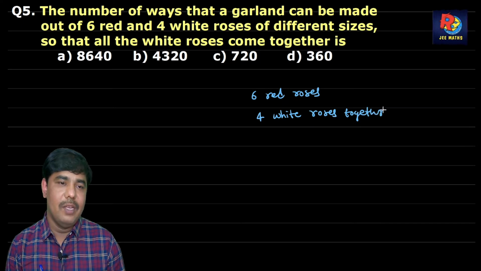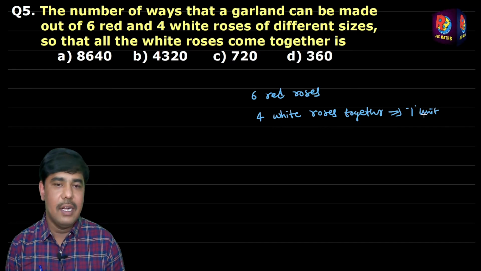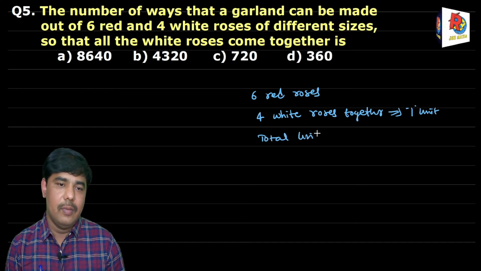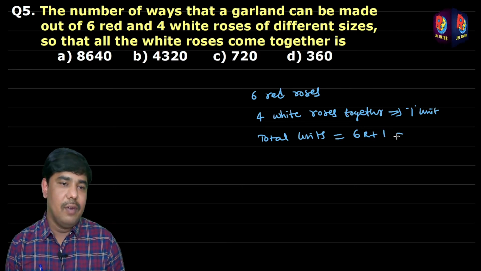Here together means we need to consider as one unit. If I consider as one unit, therefore total units: 6 red plus 4 white roses treated as one unit, right?